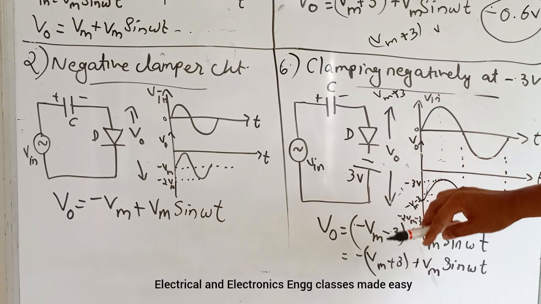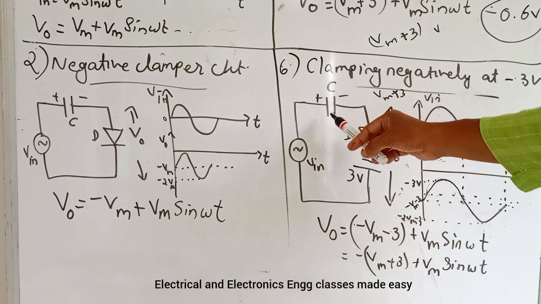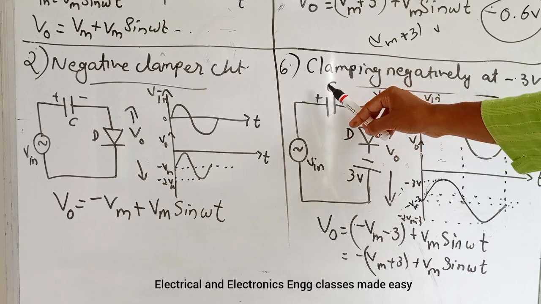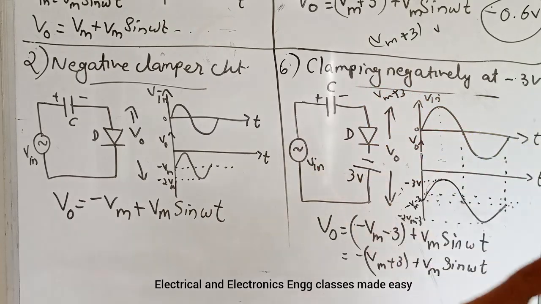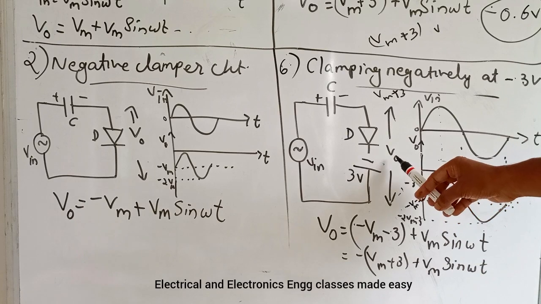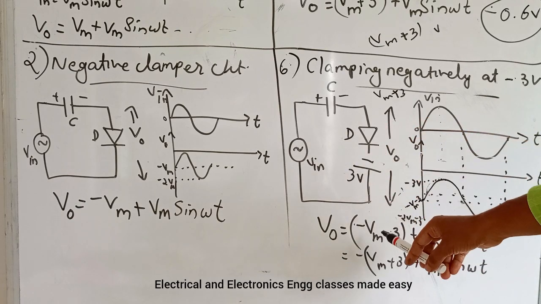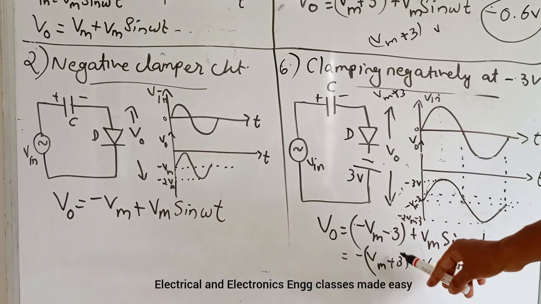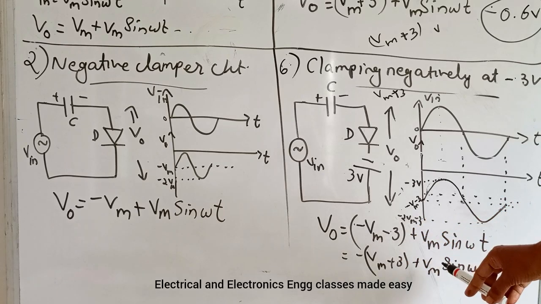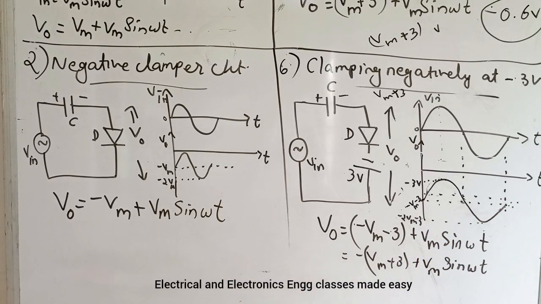the output voltage V0 will be minus of the capacitor voltage plus Vin. So V0 will be minus of Vm plus 3, that is minus Vm minus 3 plus Vm sin omega t.